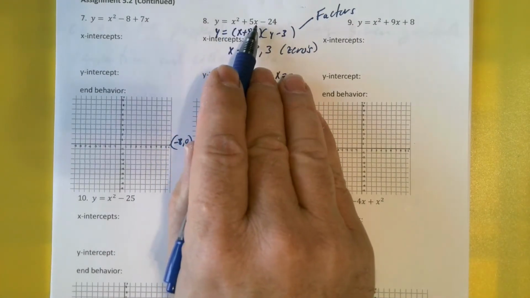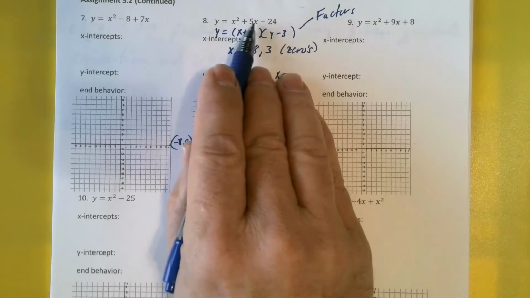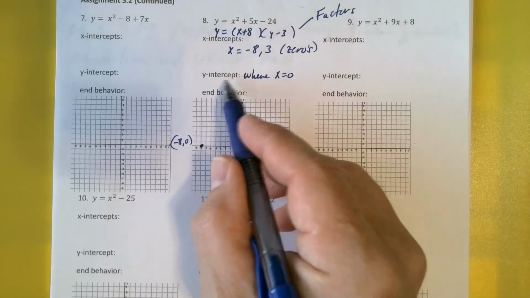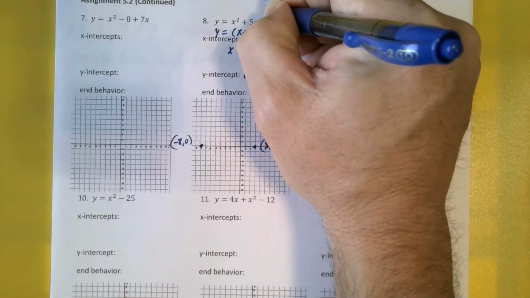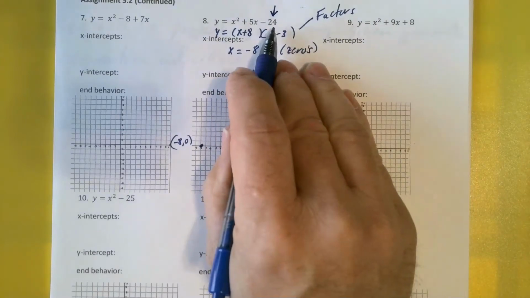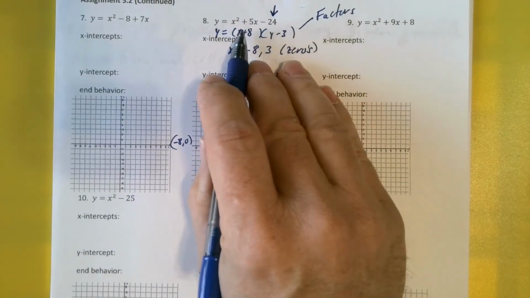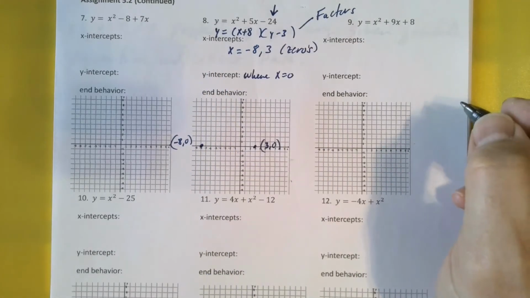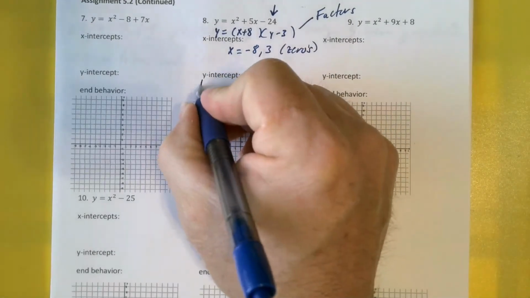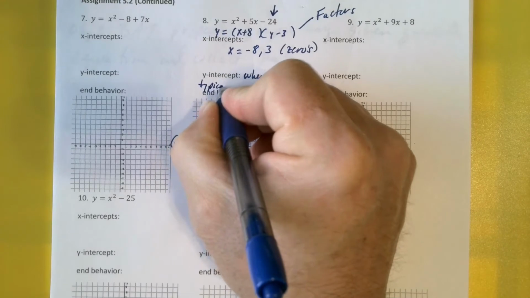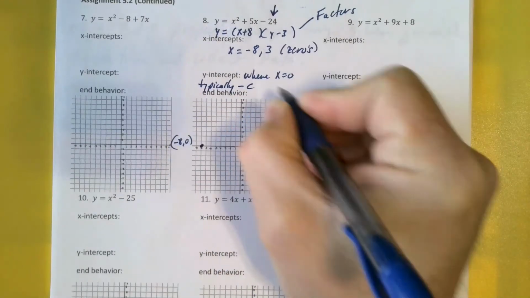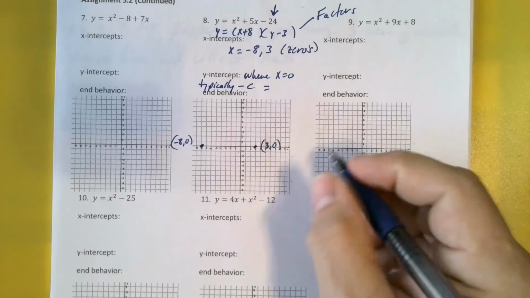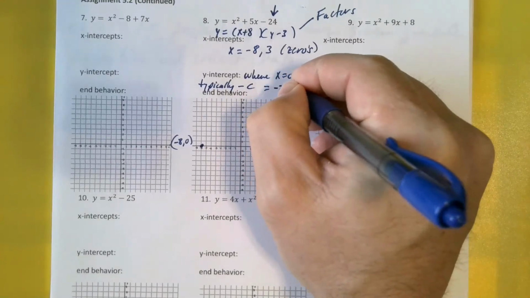Now, most of the time when you do this, your y-intercept is going to be that value right there. What letter would that be, if I was thinking about this being in standard form? C, right? So your y-intercept is typically C. So in this case, my y-intercept is going to be at -24.